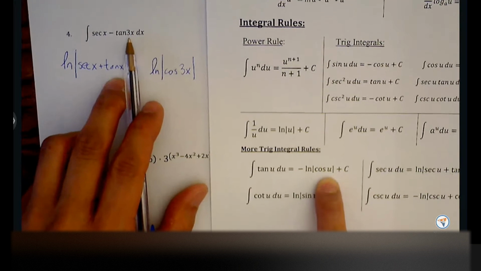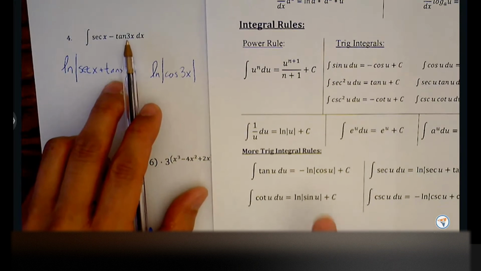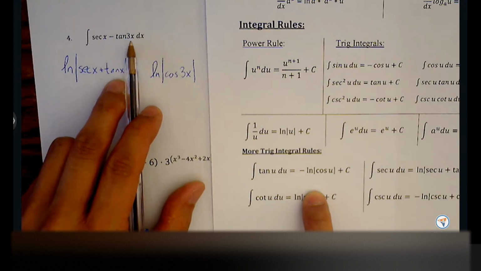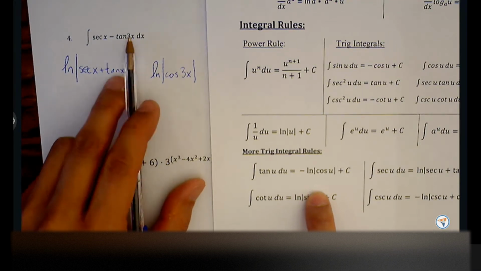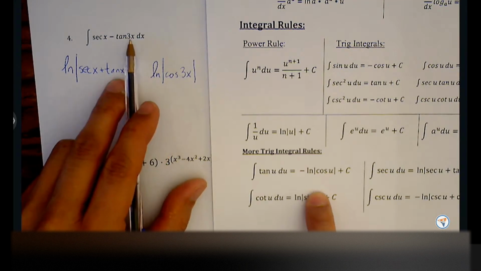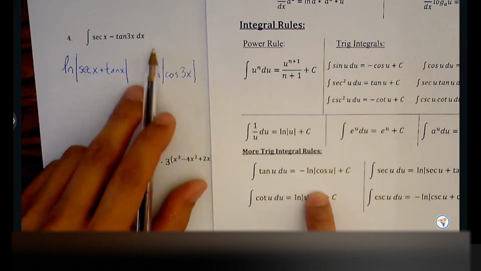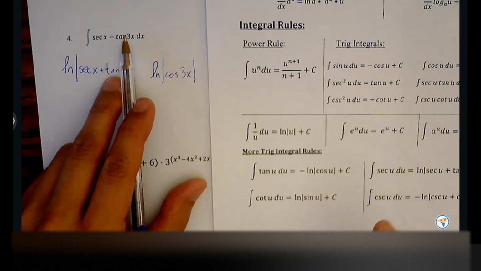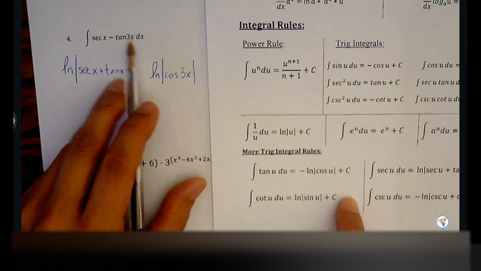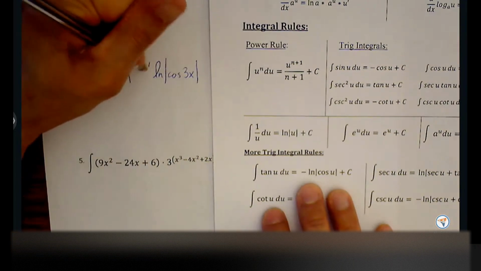But here is a little bit of a shortcut. What's the derivative of 3x? 3. Okay. Now with the derivative chain rule, we would just put a 3 out in front: cosine of u times u prime. But with the antiderivative, it's still involving the derivative, but we've got to flip it. It's going to be the reciprocal, so it'll be 1/3.